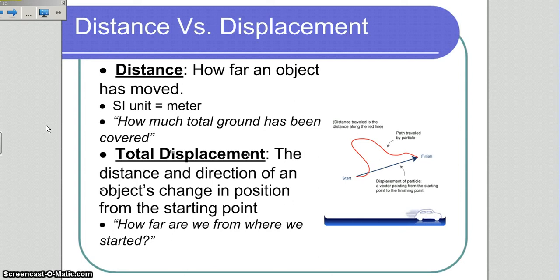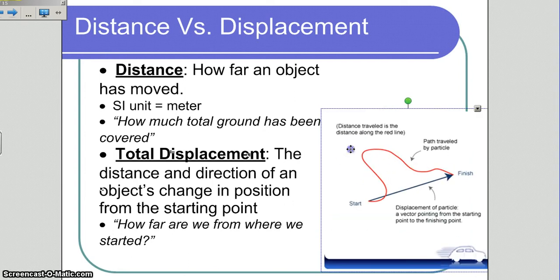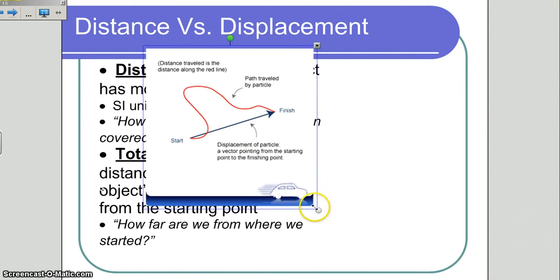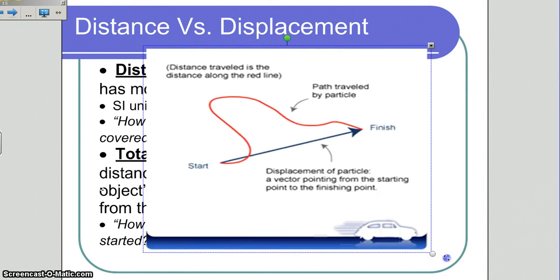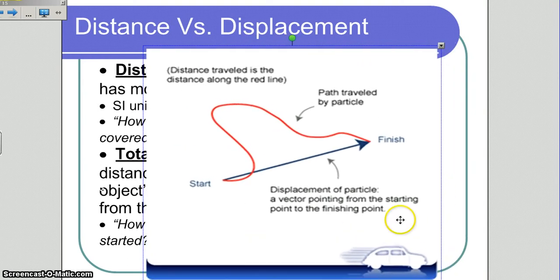So, this picture right here is absolutely perfect when wanting to describe this. So if we look at this picture here, we can blow it up for you. You see that the red line is the path traveled by, let's say, a car, okay? So the car is traveling along this line, but really, from start to finish, it went from here to here.